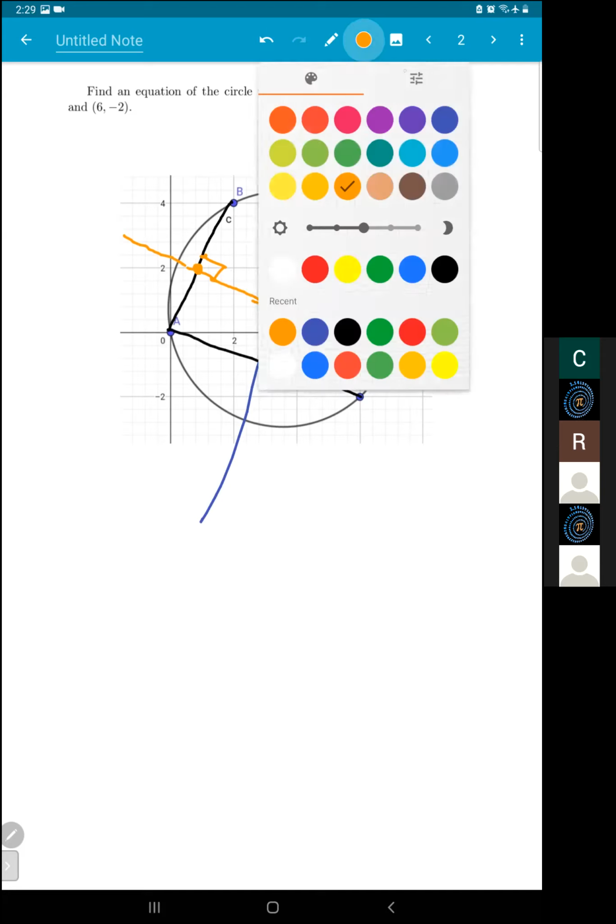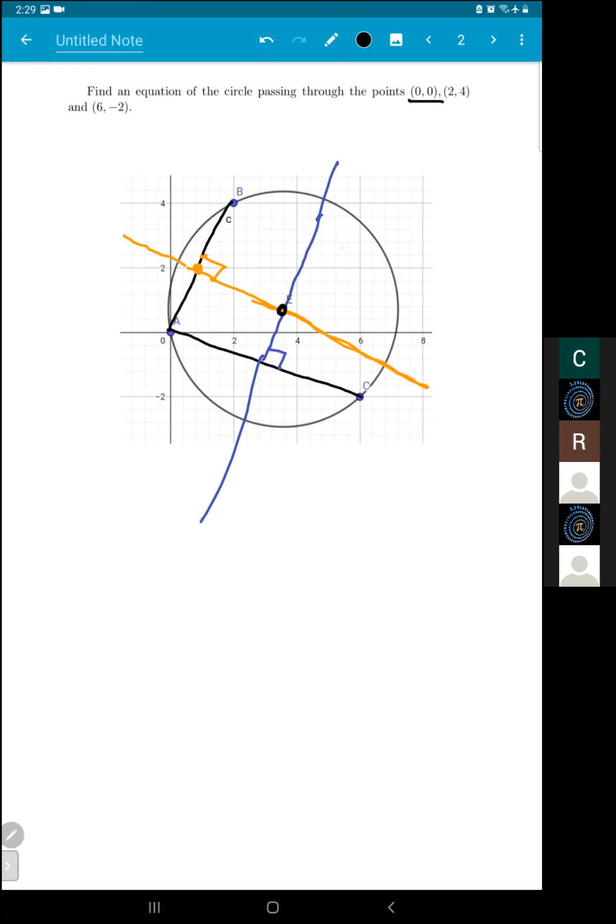Okay? And then we are able to get the equation of this one again. And once we have the equation of these two, we have a system.